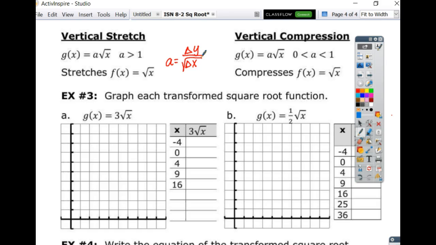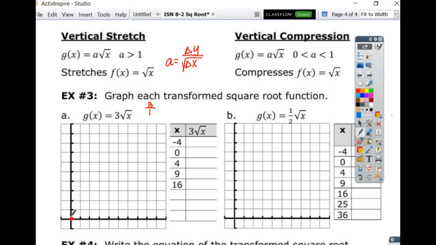So what does this one tell me? It tells me that it's 3, right? And so that would mean that my change in Y is 3 over the change of X would be 1. So when I do this, I still get 0, 0. And what's my next point?